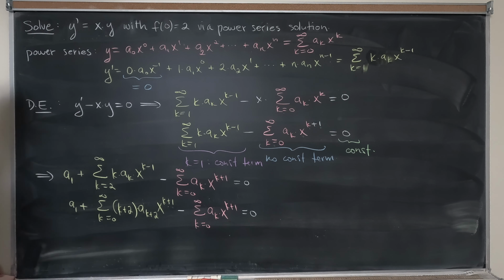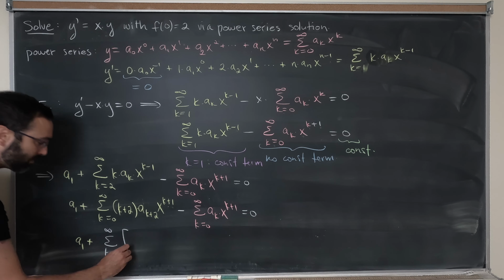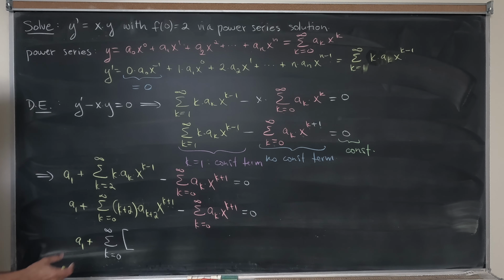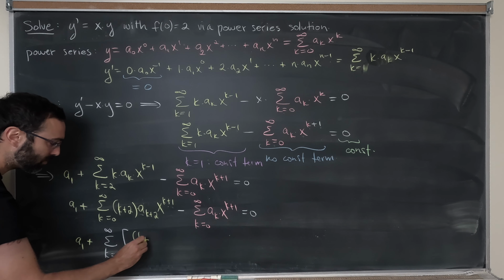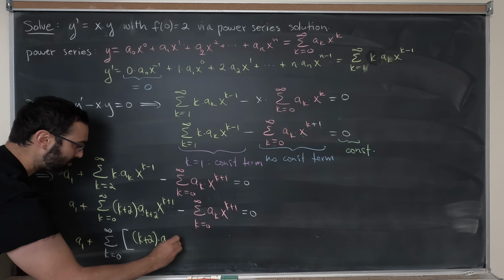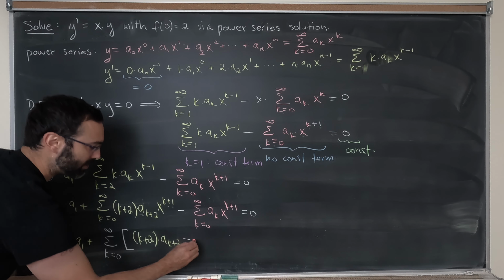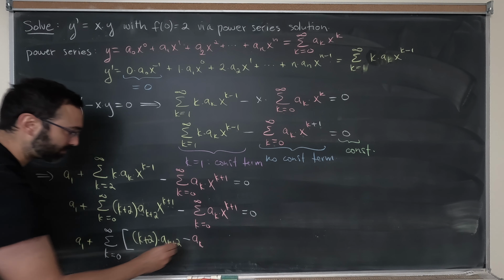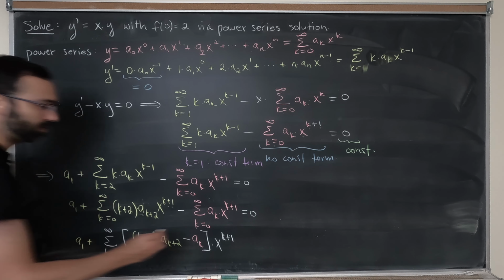Well, we have a sub 1 plus the sum from k equals 0 to infinity of, okay, well, we'll factor out an x to the power of k plus 1, leaving us with this quantity right here, k plus 2 times a sub k plus 2 minus this quantity here, a sub k, with this x to the power of k plus 1 factored out, equals 0.